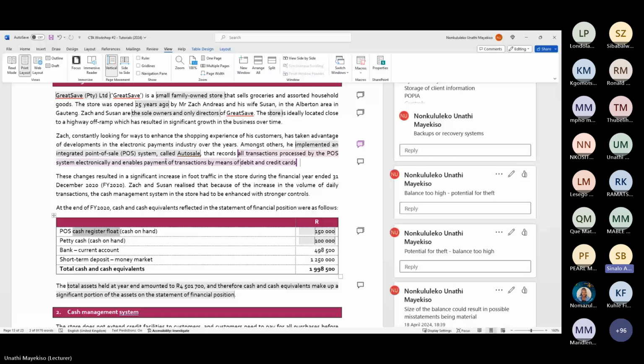Oh, okay. So it's the whole system that records your sales. It's that whole computer and that thing that is logging the sale. It's the point at which you make your sale. Yeah, I get it now. Thank you so much. Okay, cool.